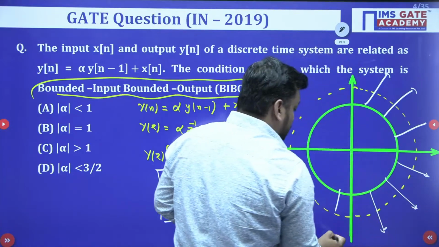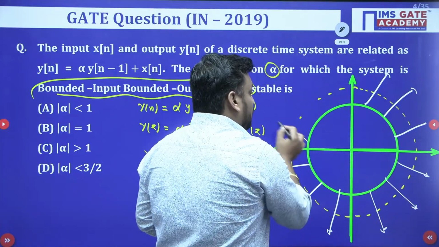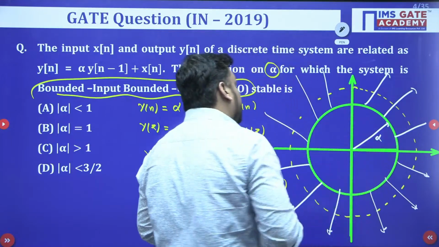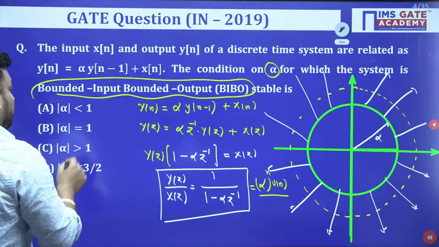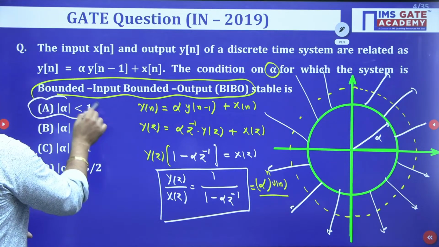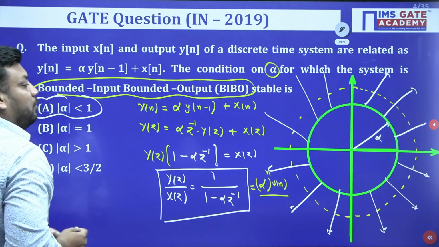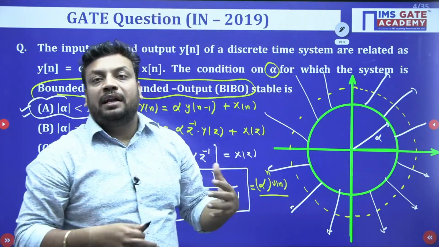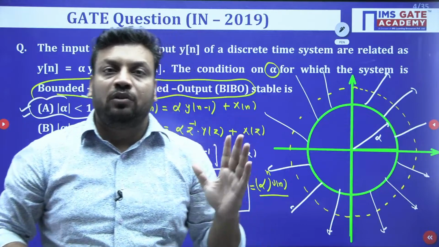So if ROC includes the unity circle, it means this alpha value should be less than 1 or greater than 1? Definitely the mod of alpha should be less than 1. It means option A is correct, because if mod of alpha is greater than 1 and ROC is outside, it never includes the unity circle.